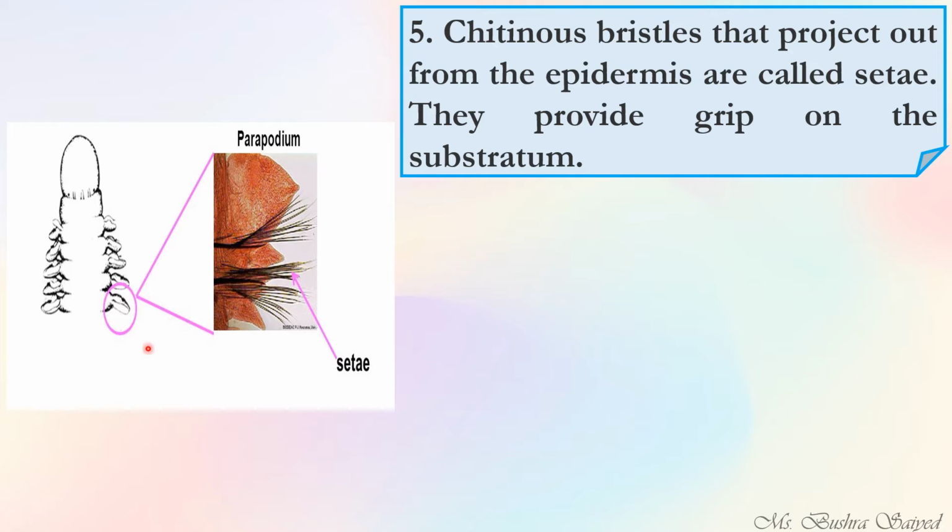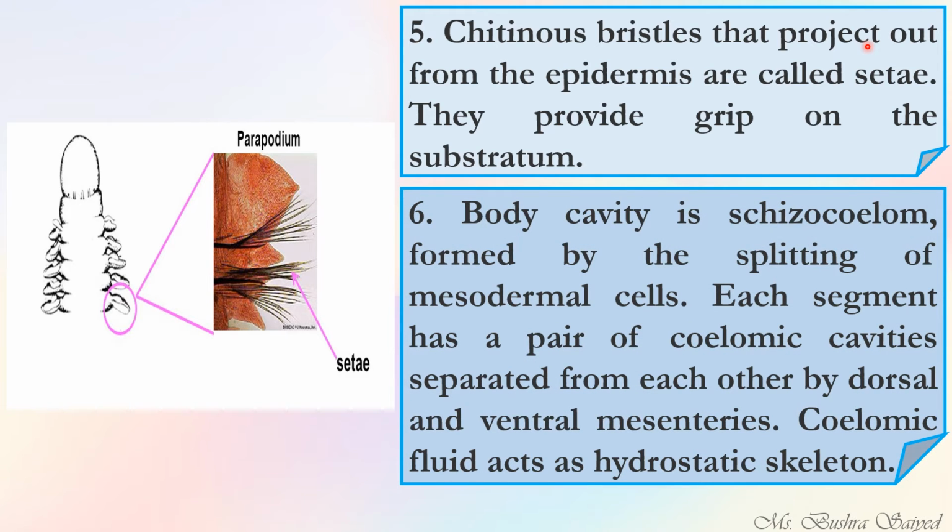Chitinous bristles are located over the epidermis. We call them setae. It is a very characteristic feature of annelids that they have setae. They provide grip on the substratum. So wherever they want to attach, the setae provide them adhesion, their hold to the substratum. These setae usually arise from the parapodium.